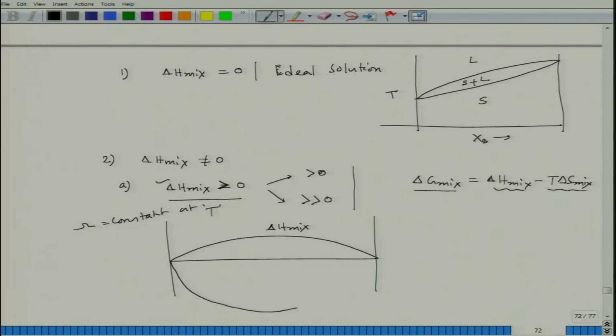So, minus ΔHmix. So, ΔGmix would be in between. So, this would be my ΔGmix, and here G and this is x_B. So, this is a situation because this is a combination of both.